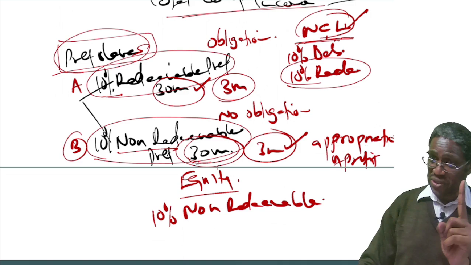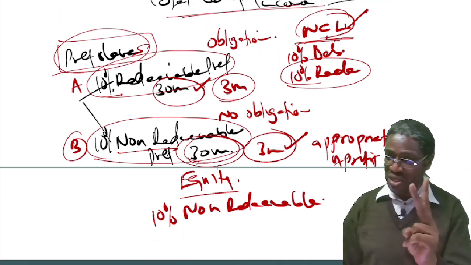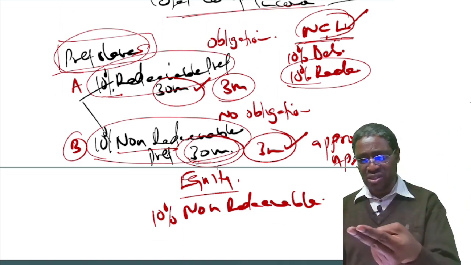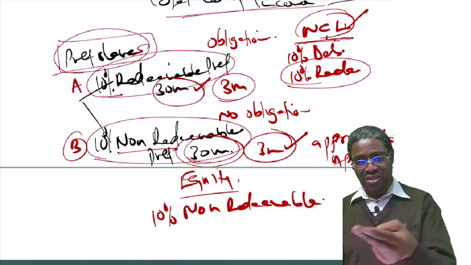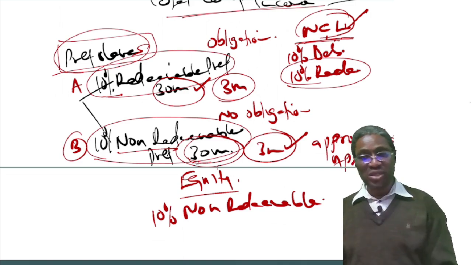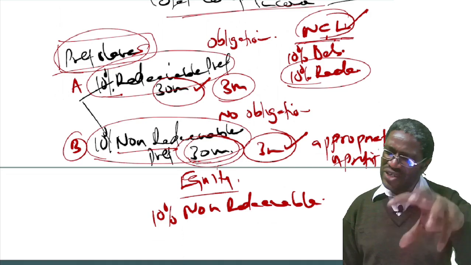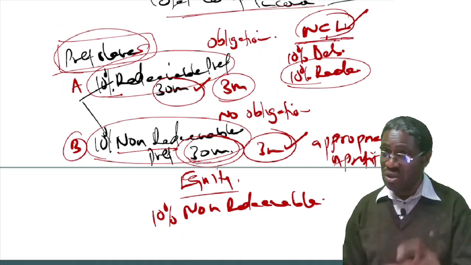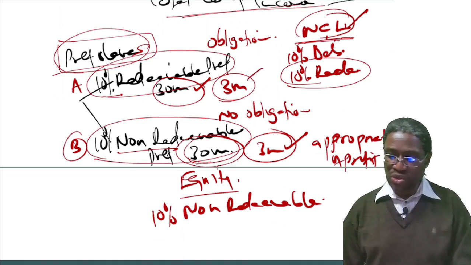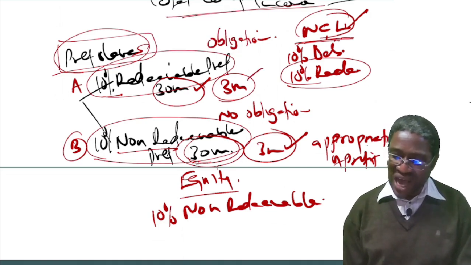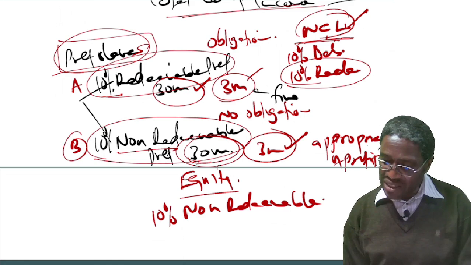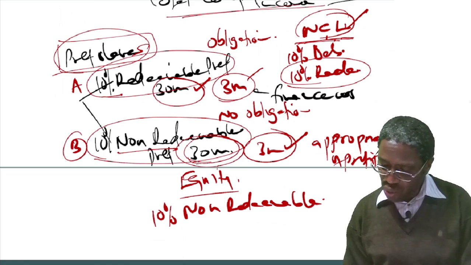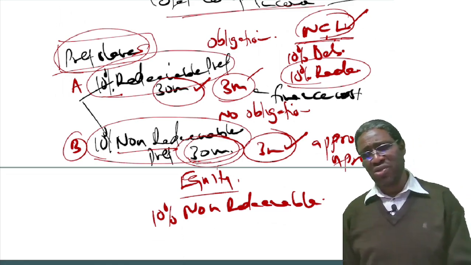That's one point. Point number 2, how do you treat their dividends? Different. Any dividend on redeemable preference share should be considered as a finance cost. Why? Because you are borrowing these finances.